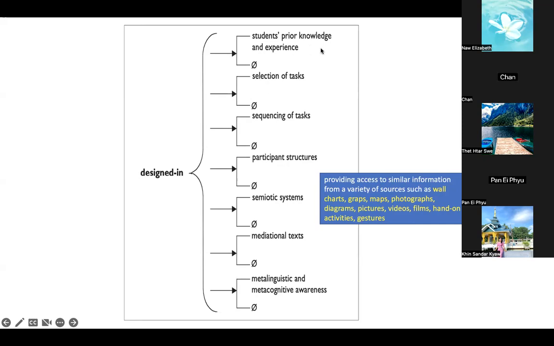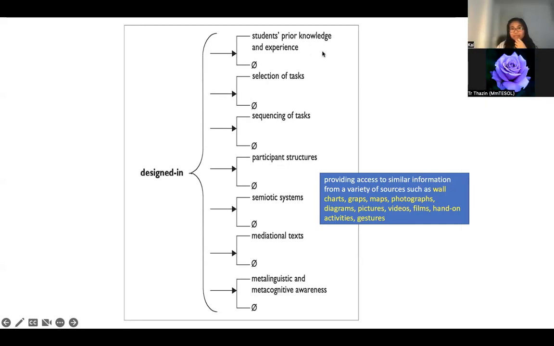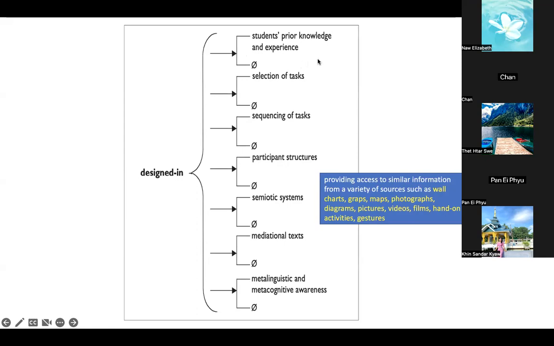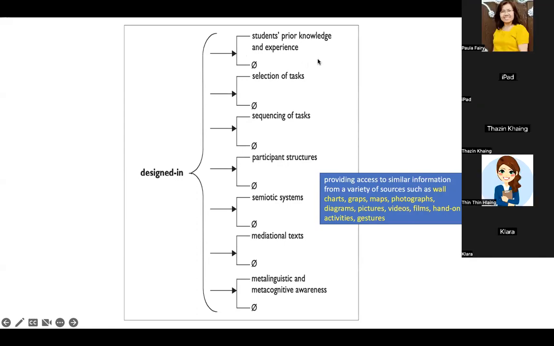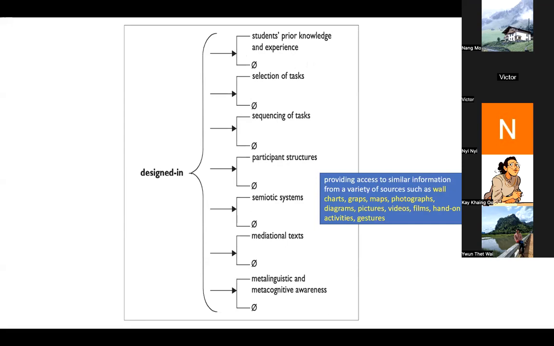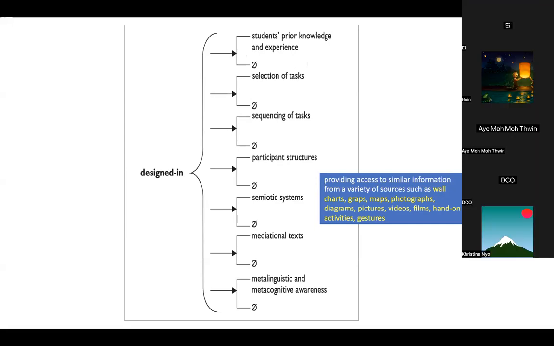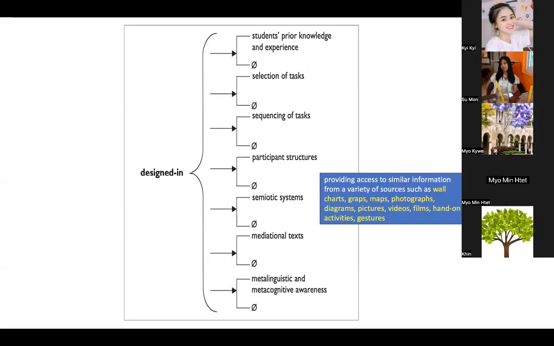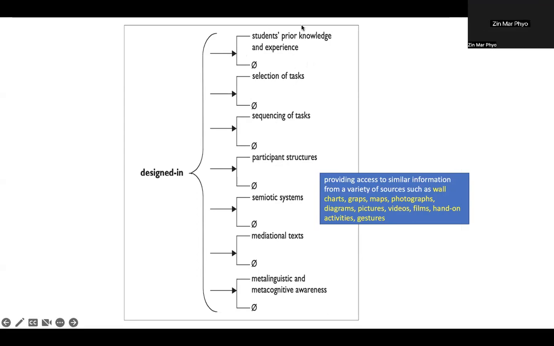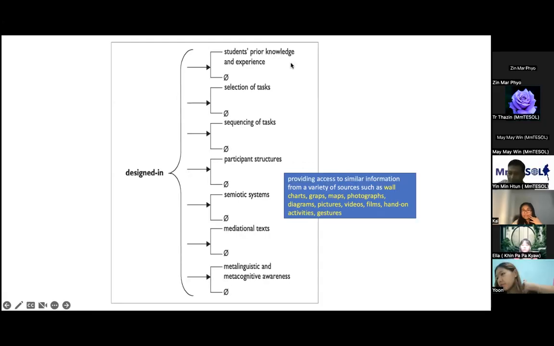The first one is students' prior knowledge and experience. That is a very common thing that teachers do. Before we start a lesson, we remind the students what they have learned and what they know, and we also elicit students' background knowledge about the content and the language that we are going to teach. That is a very useful way of scaffolding.